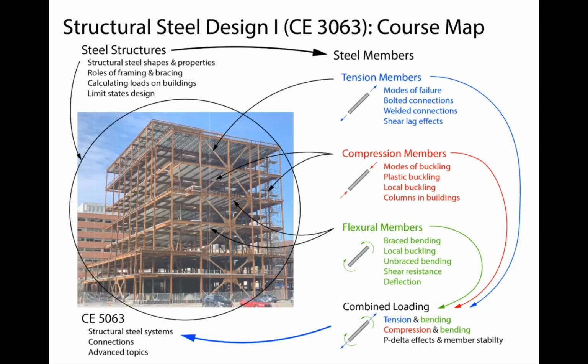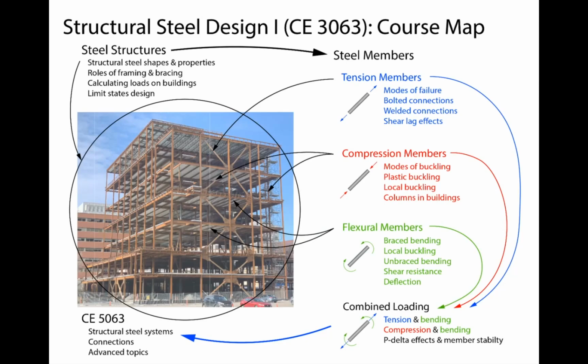So far in the class, we've spent the first 10 lectures talking more or less about steel structures. We spent some time talking about the different kinds of shapes, properties of steel. We looked at the role of the gravity framing and the bracing and braced frames in steel structures. We calculated loads on buildings. So we looked at dead, live, and snow as gravity loads, wind and earthquake as lateral loads.